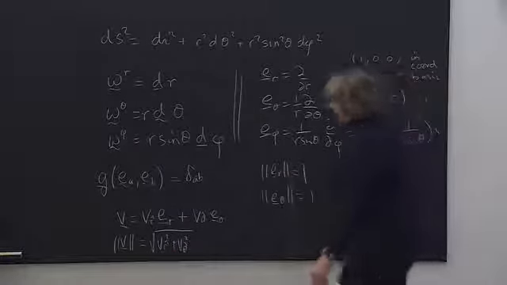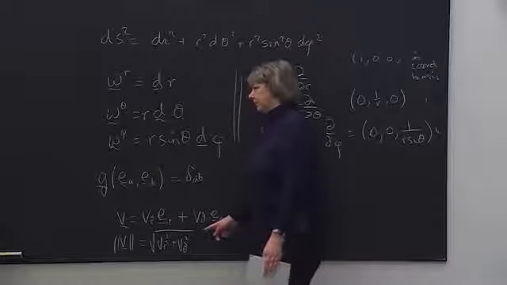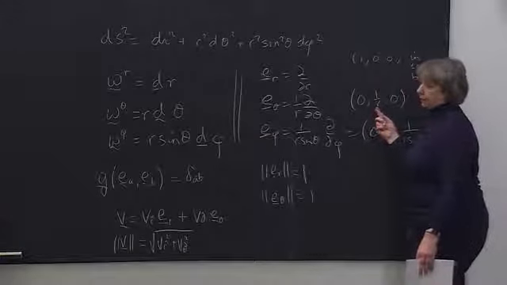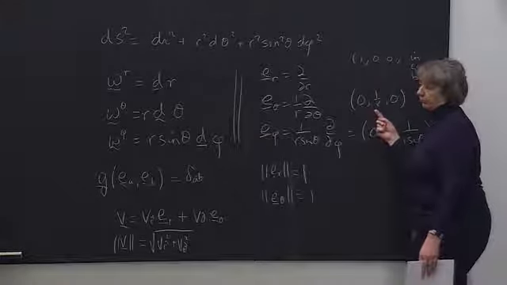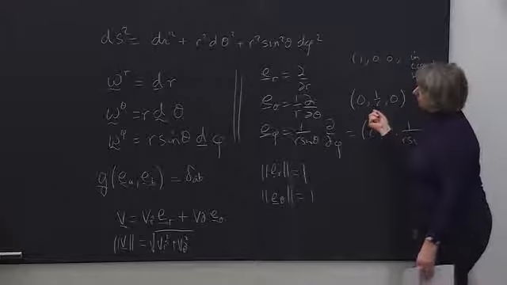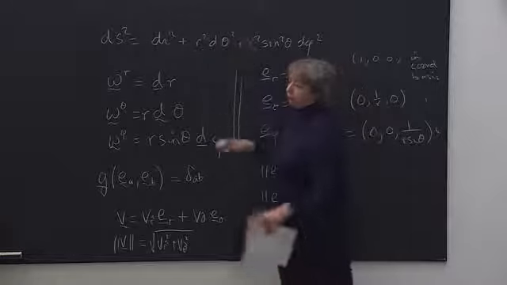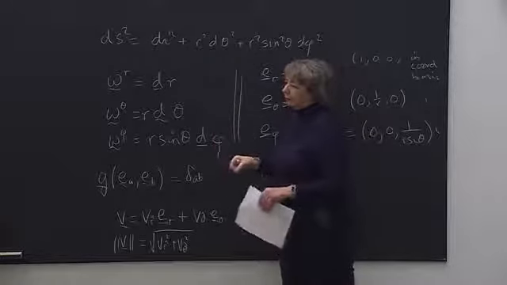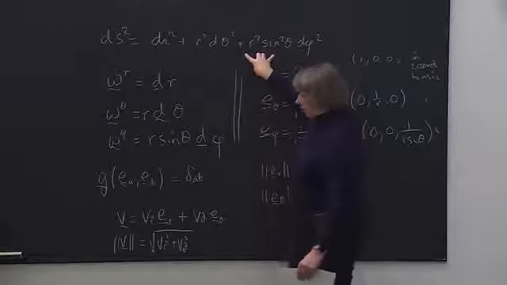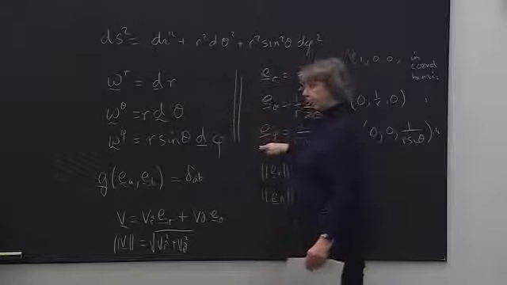This V, the component of your vector in the orthonormal basis, is different from the component in the coordinate basis by a factor of r. So you're hiding the non-triviality, or in this case it isn't curvature, but the non-Cartesianness of your metric, in the expression for the basis elements.